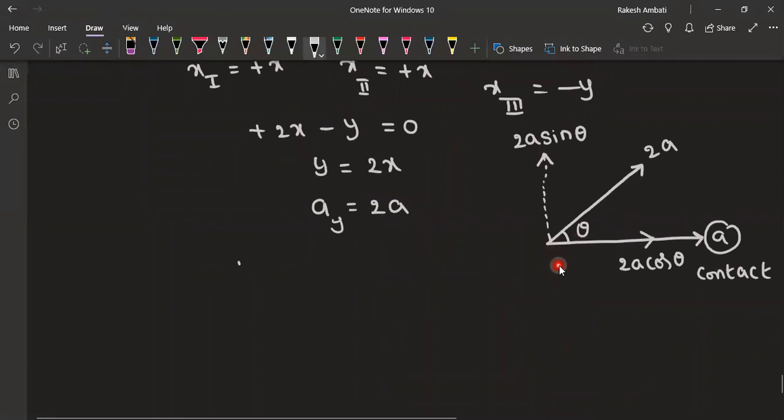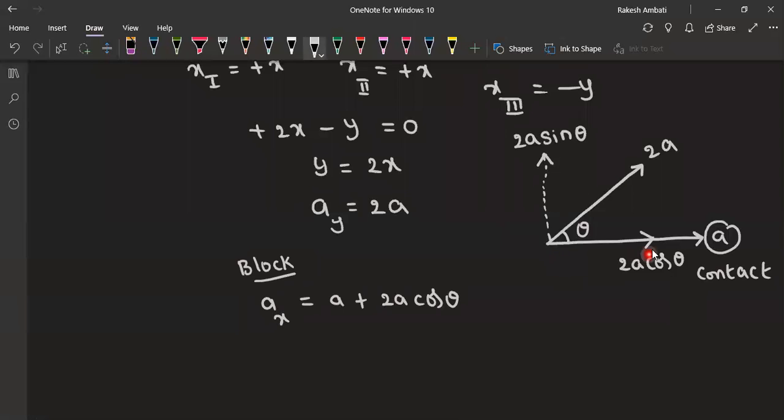The resultant acceleration in x direction is a plus 2a cos theta. I'm writing plus because both accelerations are in the same direction. In the same way, the acceleration in y direction is 2a sin theta.